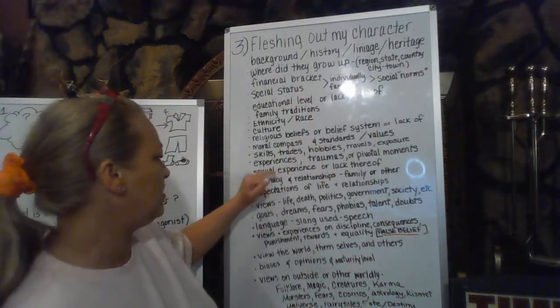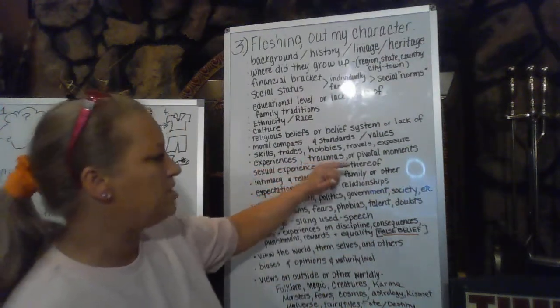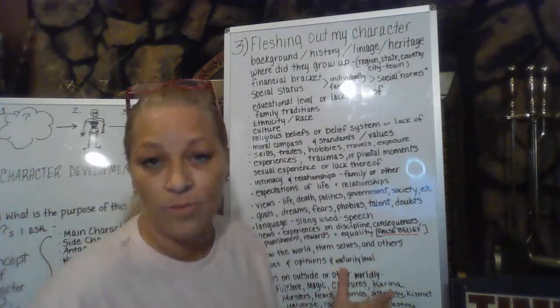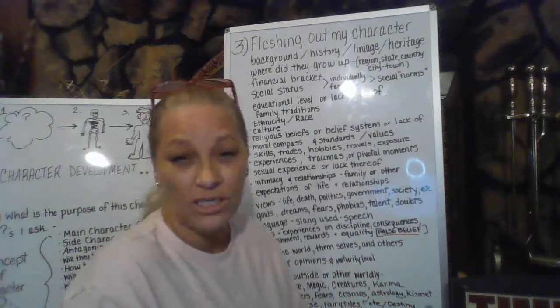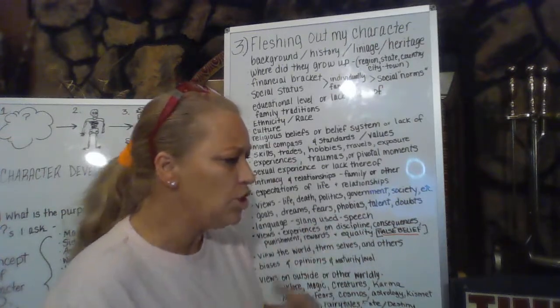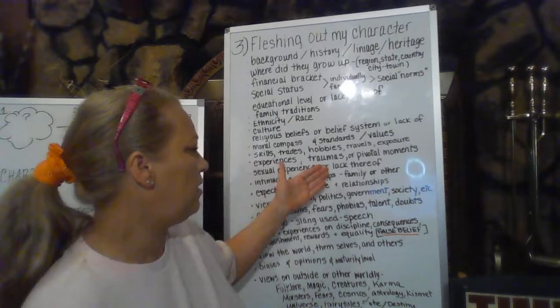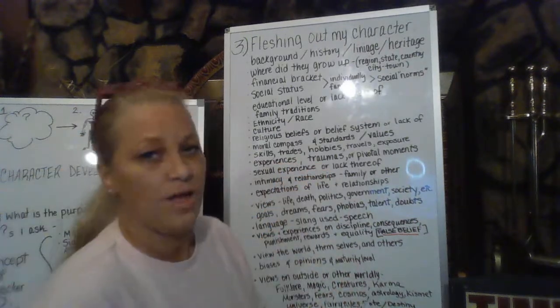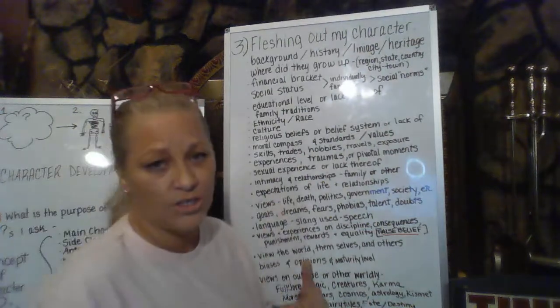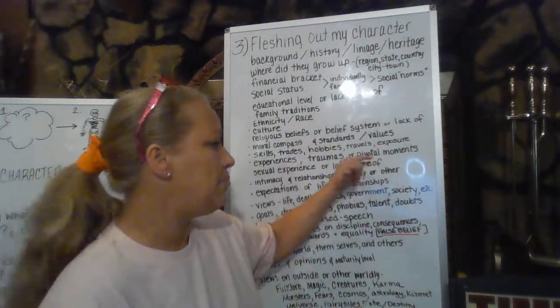So then we think about experiences or traumas or pivotal moments. Now, someone who has not had a traumatic past may act differently in crowds than someone, say, who was exposed to something in their past that was traumatic for them, or that changed them, or maybe they witnessed something that changed them from that point on. That is a pivotal moment.